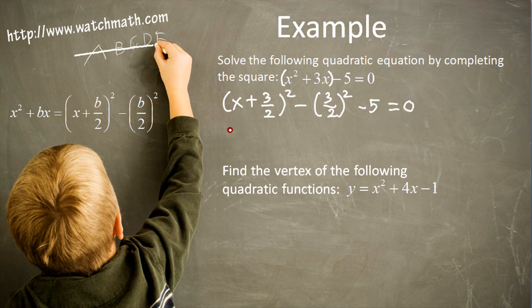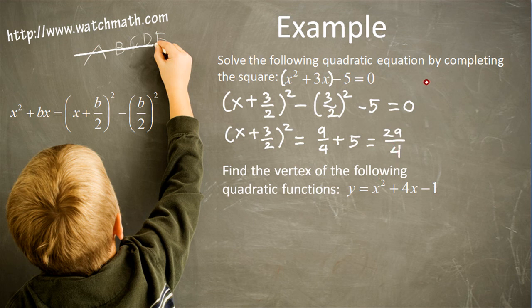So we have (x plus 3 halves) squared equals, if we simplify this, 9 over 4 plus 5, which is equal to 29 over 4.